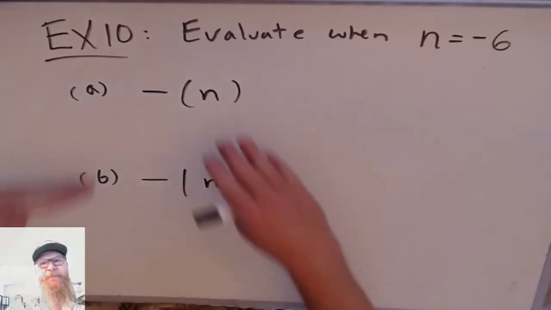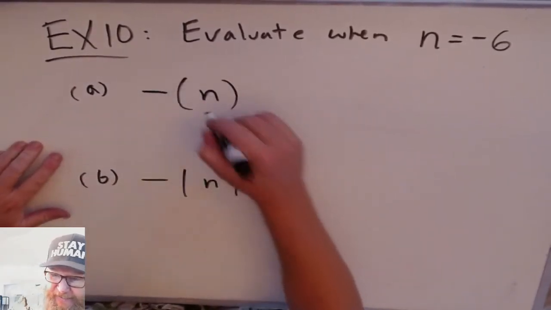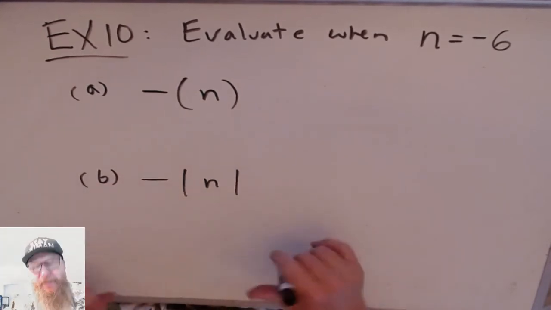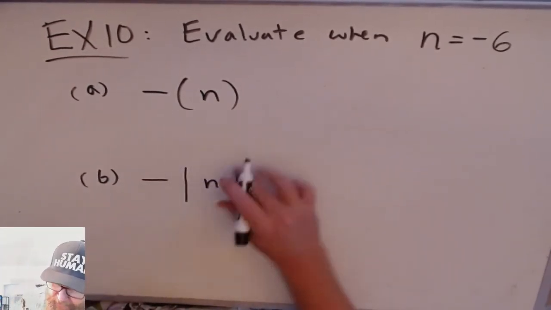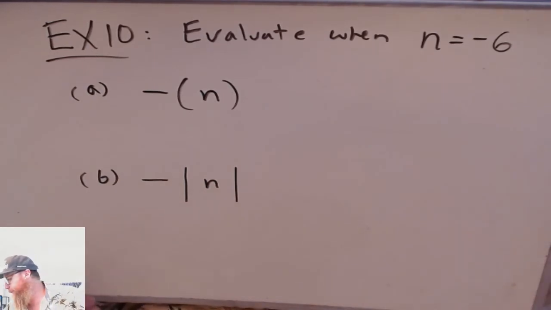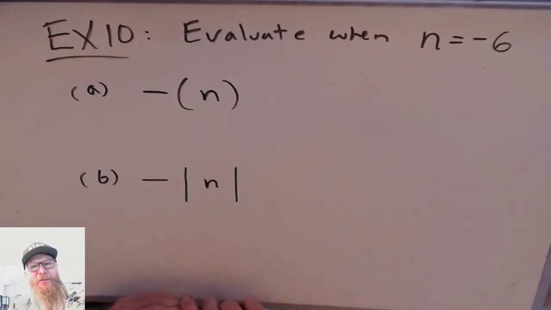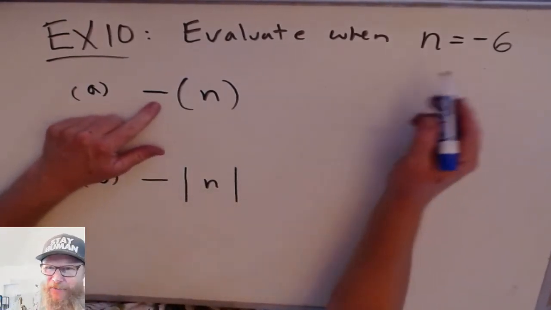In this example, I'm trying to show you the difference between parentheses and absolute values. They do not mean the same thing. There's a phrase in mathematics that is sometimes true, but not always true. And one of those phrases is two negatives make a positive.